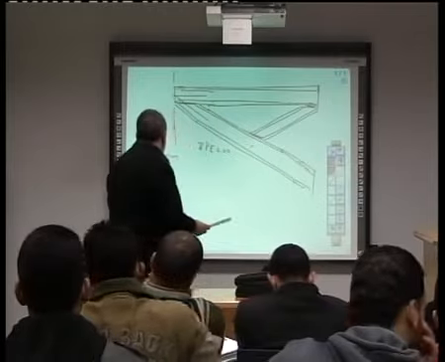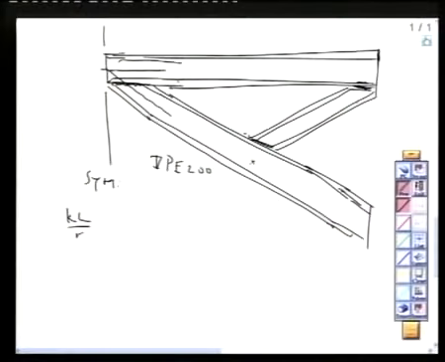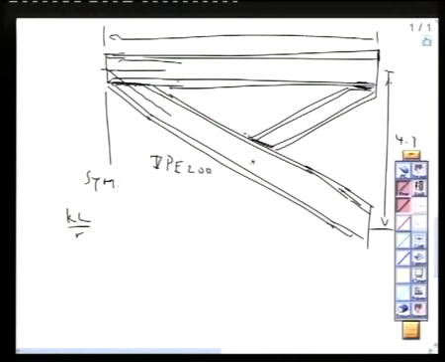If I say KL over r, now you got this equal 4.3. This is equal to 9. If you do some arithmetic, you will find that this member is 5 meters. And the other member is 5 meters.